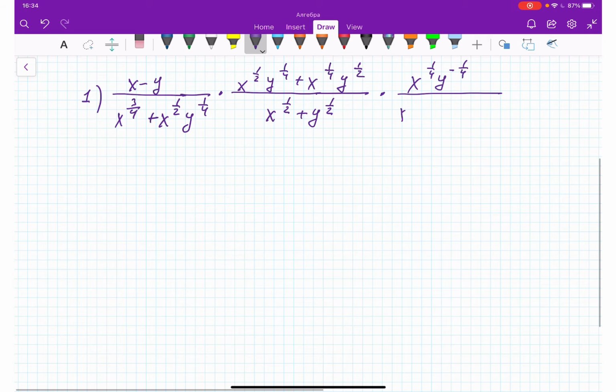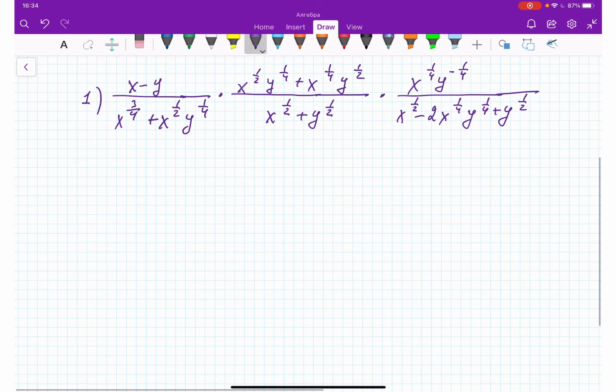Okay, this is divided by (x to 1/2 minus 2 times x to 1/4 times y to 1/4 plus y to 1/2). Finally, done writing.